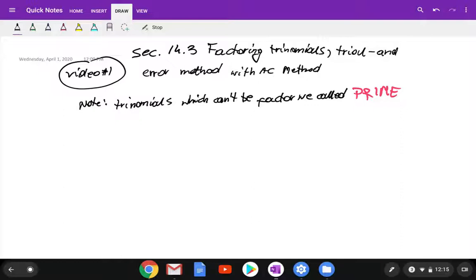Okay. And example 1. Let's talk about that trial and error method.